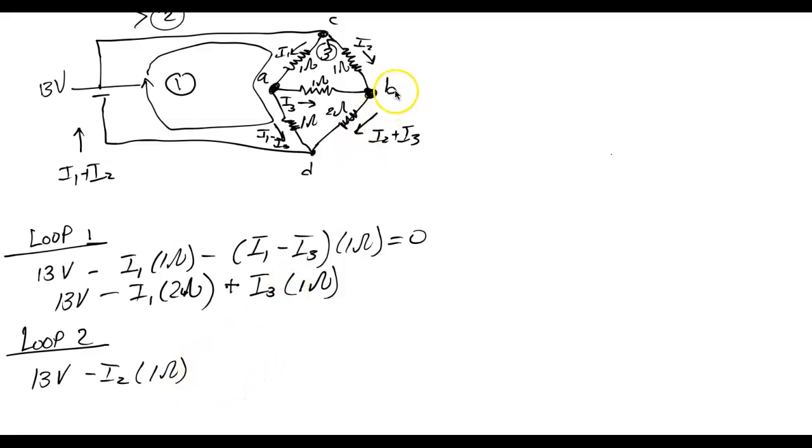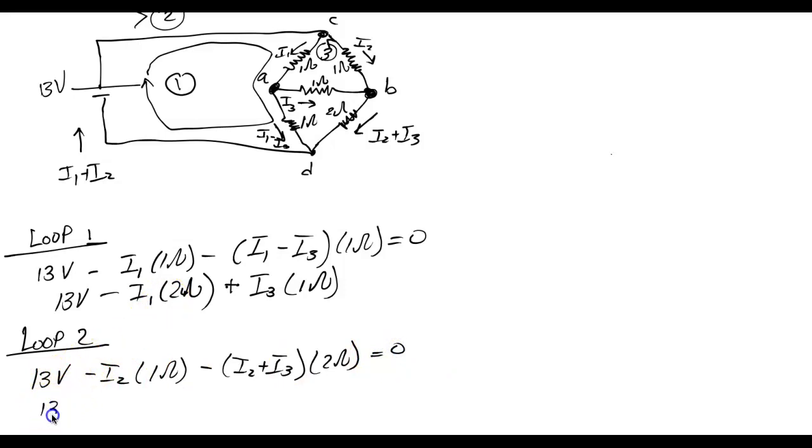And then we come to junction B. Junction B has a current of I2 plus I3 times 2 ohms. And then we're back at 13 volts, so that equals 0.